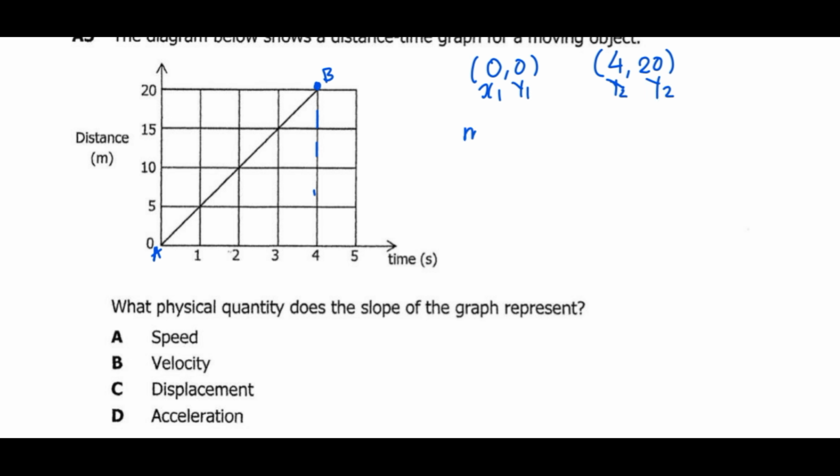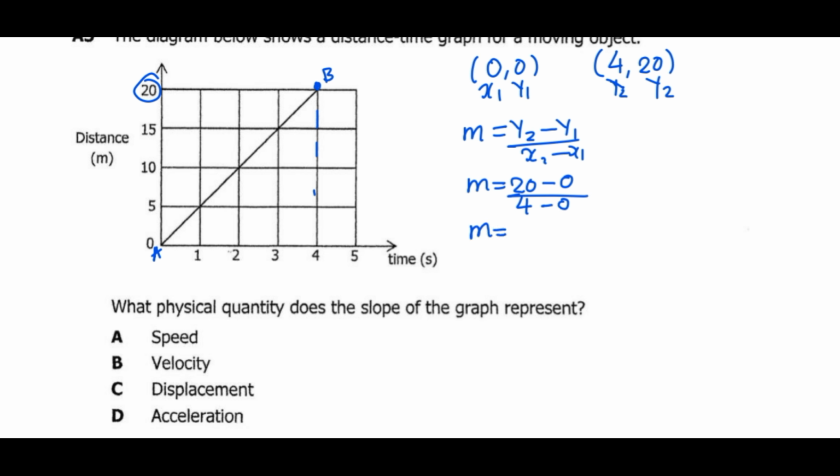After that, let's find the gradient. The gradient is y2 minus y1 over x2 minus x1. Our y2 is 20, this number here. So it's 20 minus 0 over x2, which is 4 minus 0.